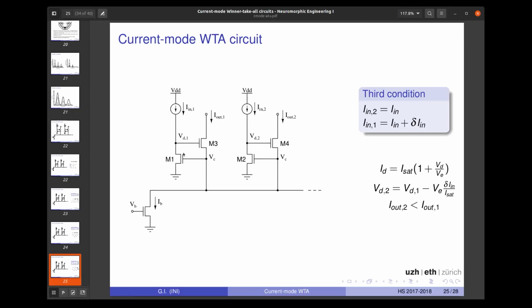This is a hard winner take all, because it's not like the picture I drew where you have bumps and the highest bump wins and the smaller bumps lose. This is just the single input wins and all the others lose. But we can extend this circuit, finally closing the loop with how we started the lecture with resistive networks. And if we use diffuser networks, we can now create bumps.